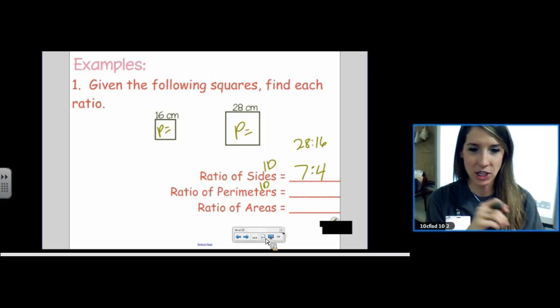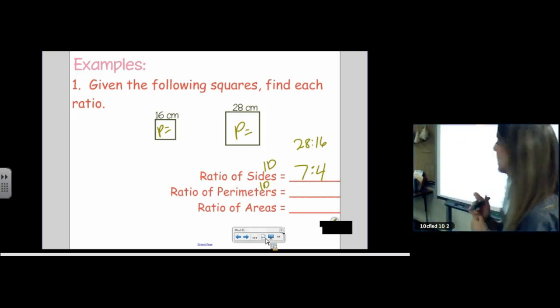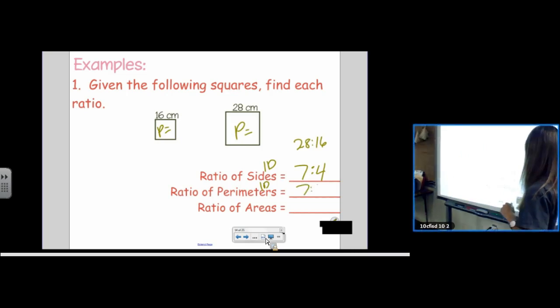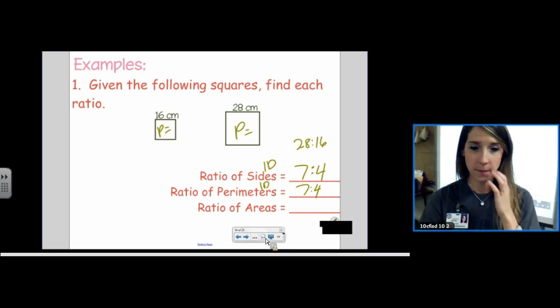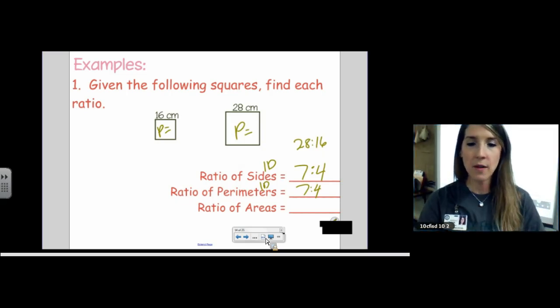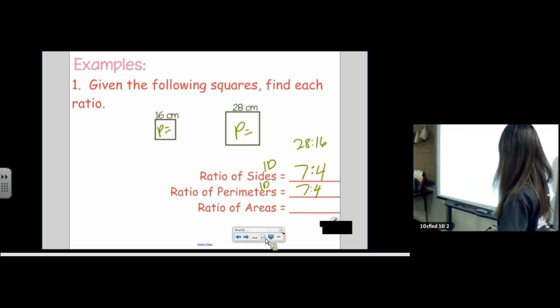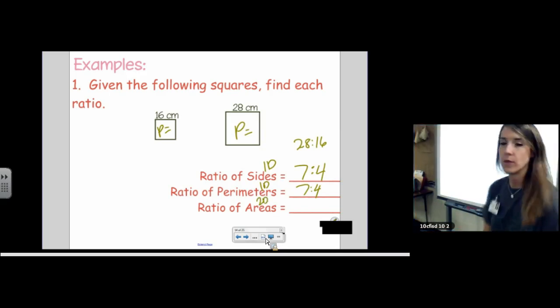So, what's the ratio of the perimeters? Thank you. I did not find a single perimeter, and I automatically know the ratio of their perimeters. Okay, how do I find the ratio of their areas now? 1D, 1D, 2D.